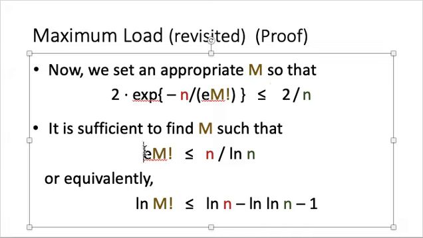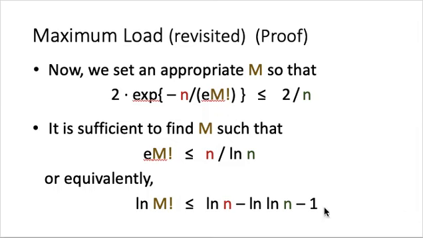In other words, we want e M factorial to be less than or equal to this, so we can take log on both sides, so that we want log of M factorial to be less than or equal to log n minus log log n. And there is an e here, so there is a minus 1 here. This minus 1 minus log log n is not very important because it is not the most important term.